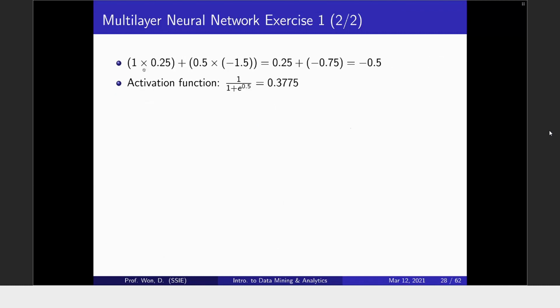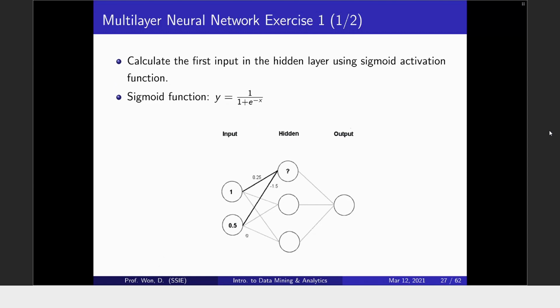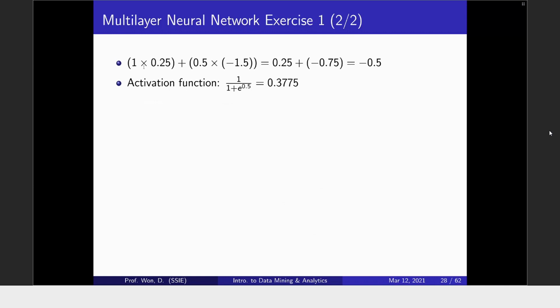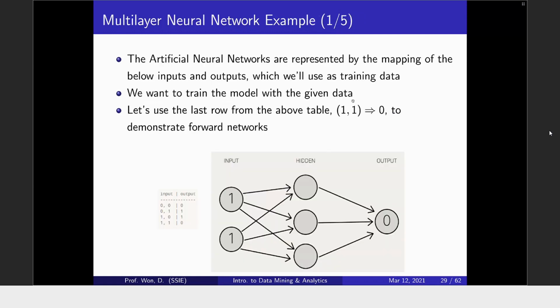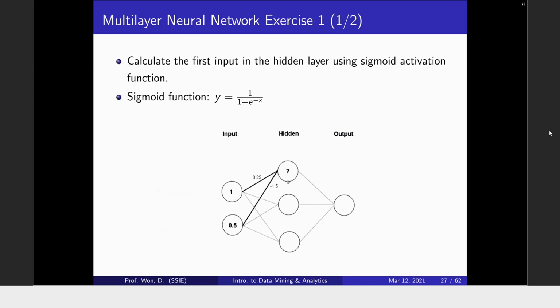First thing, 1 multiplied by 0.25 and 0.5 multiplied by minus 1.5. Okay, this is the connectivity. So 1 times 0.25 plus 0.5 times minus 1.5 gives minus 0.5. Then we apply this value to our activation function. What was our activation function?